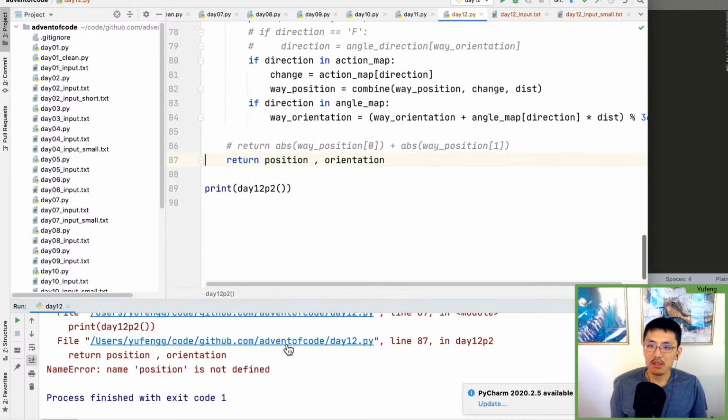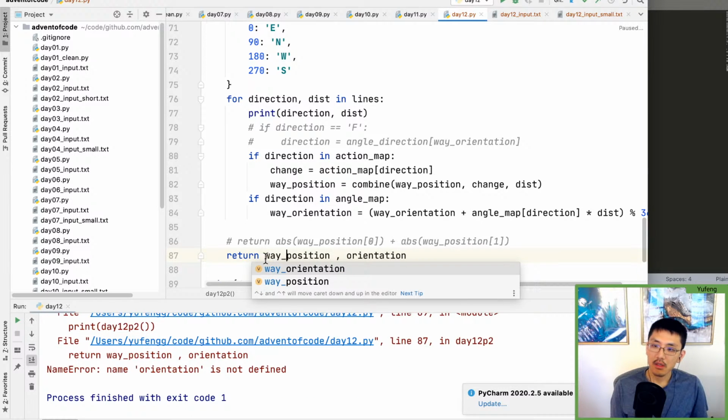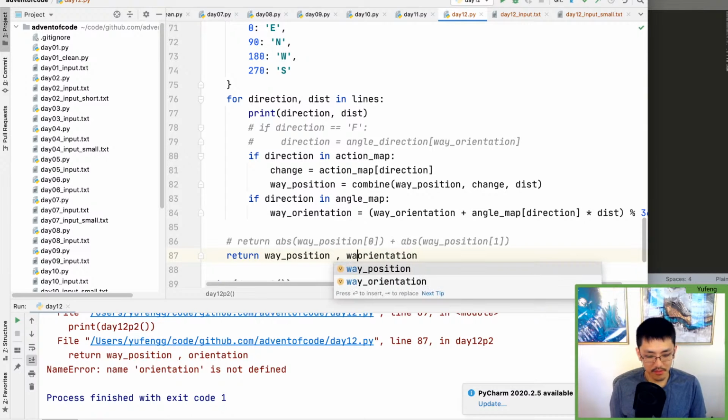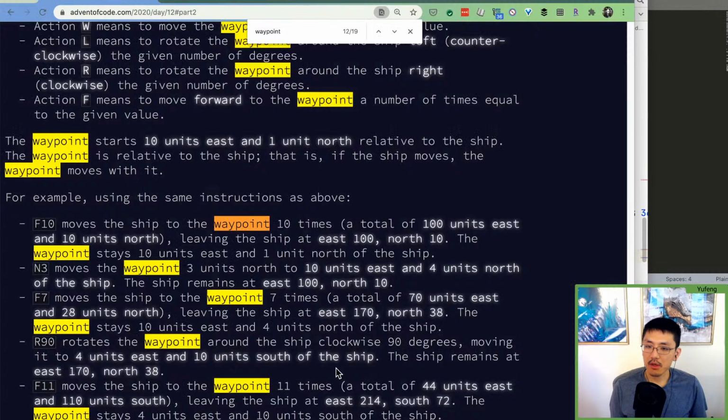And position not defined, because we're calling it way position. Orientation not defined. Yes, yes. Thank you. And what do we got? 10-4, 270.